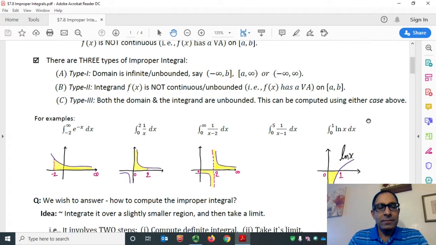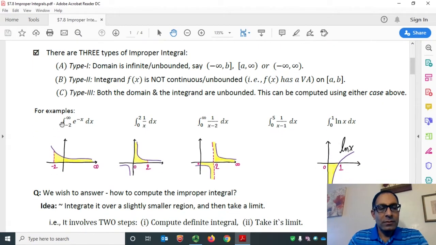So quick examples: example 1, example 2, example 3, example 4, and example 5. Example 1 has a graph. The first example is the integral of e to the power negative x from -2 to infinity. Here our interval of integration is infinite, so this is a type 1 improper integral.